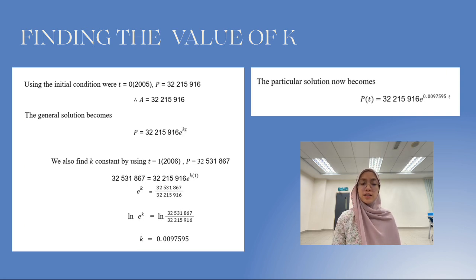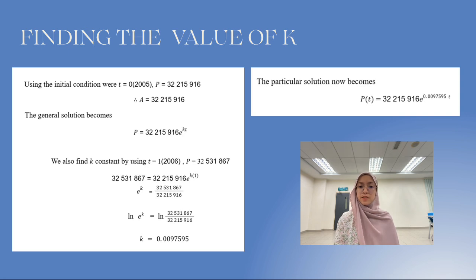Then we also find the constant k by using t = 1, which is 2006, while P = 32,531,867. Then we substitute them into the equation. So we get 32,531,867 = 32,215,916 e^(k(1)). We rearrange that to get the value of k, which is 0.0097595.